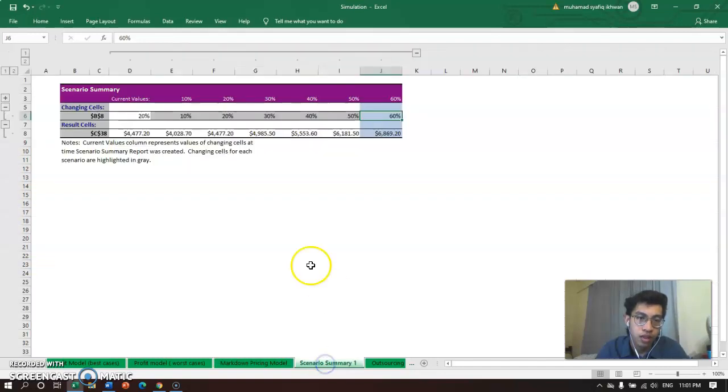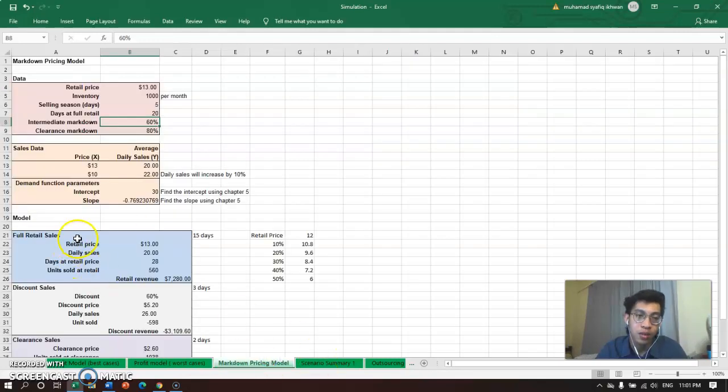If I still use my early assumption, which is 20%, I would only get total revenue of 4,477 ringgit 20. Instead, if I change it into 60%, I will get total revenue of 6,869 ringgit 20 for selling my sambal ikan bilis.